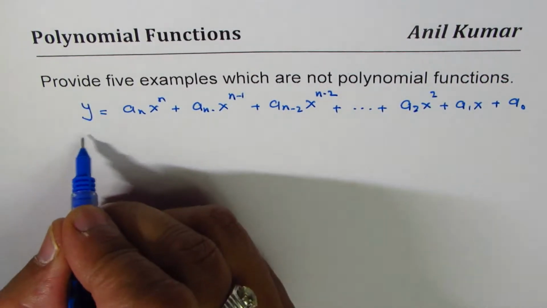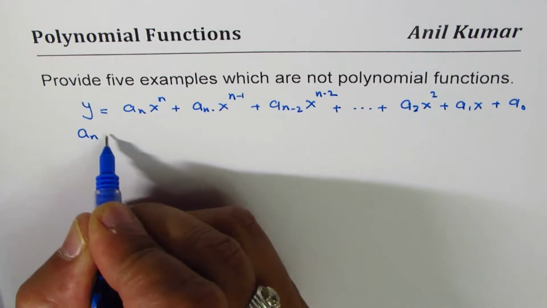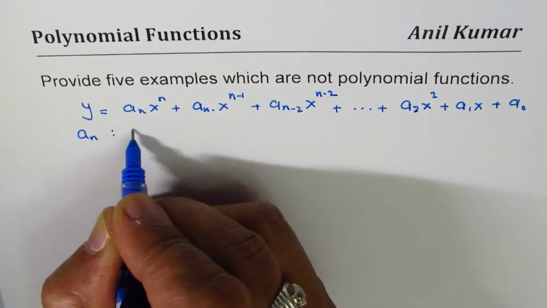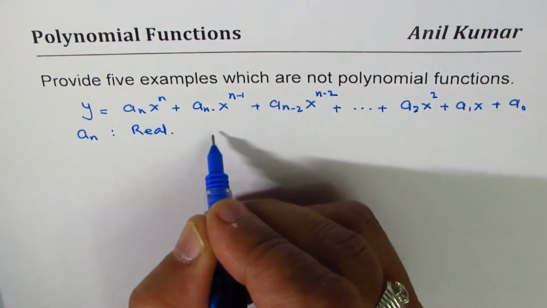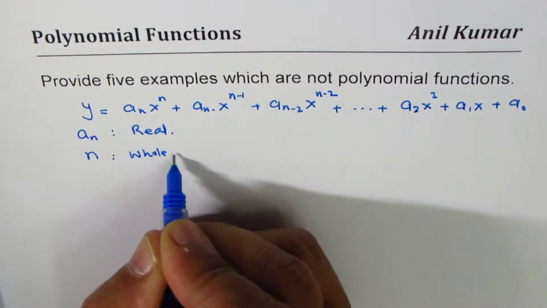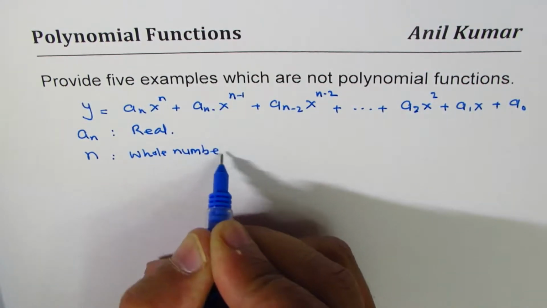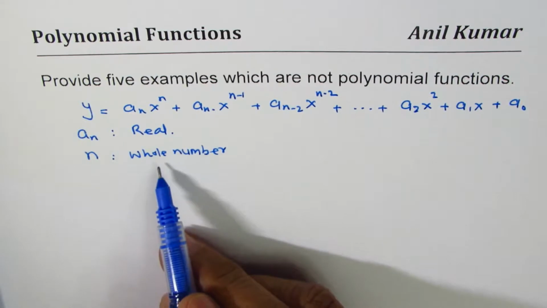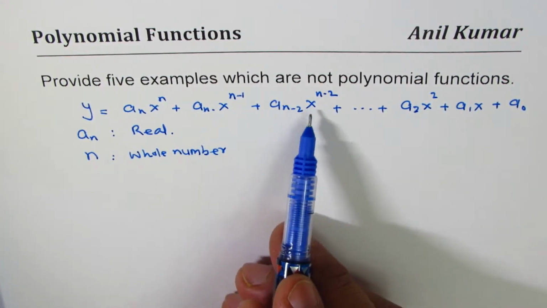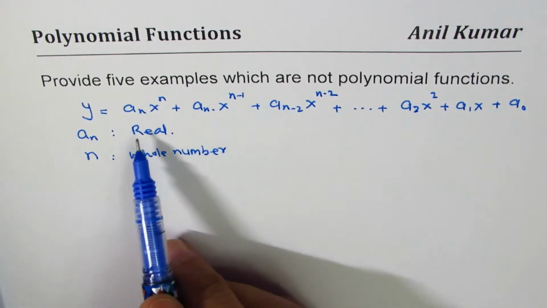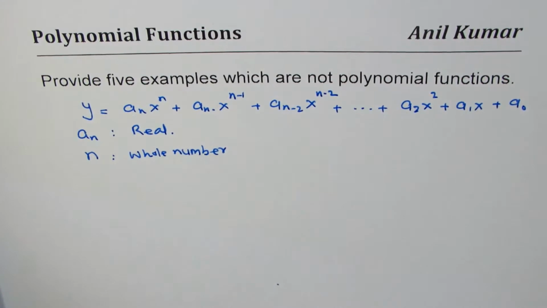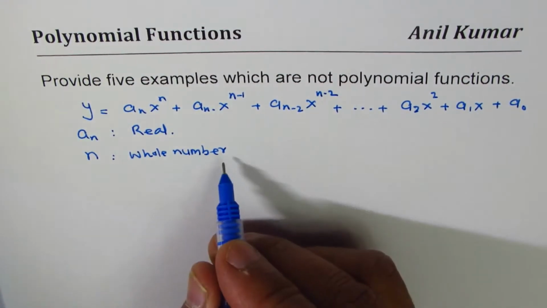Now, as you know, a_n is the leading coefficient, and a_n should be real, right? And n should be a whole number. So for a polynomial, that is the constraint. All these numbers, the coefficients of each term, should be real, and the exponent should be a whole number, right?